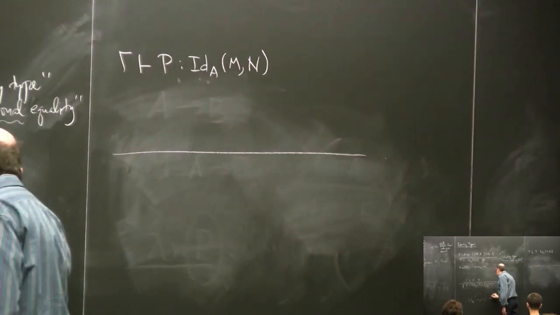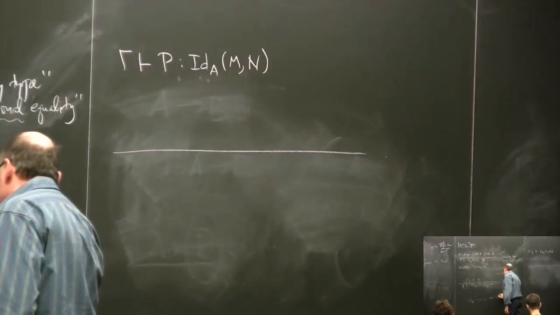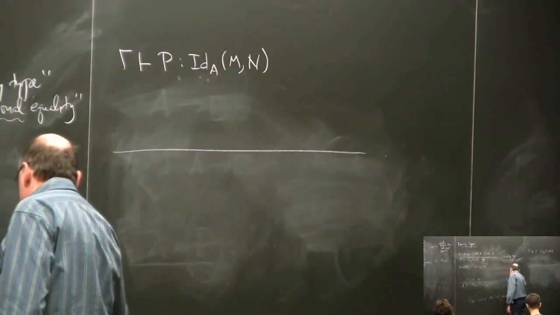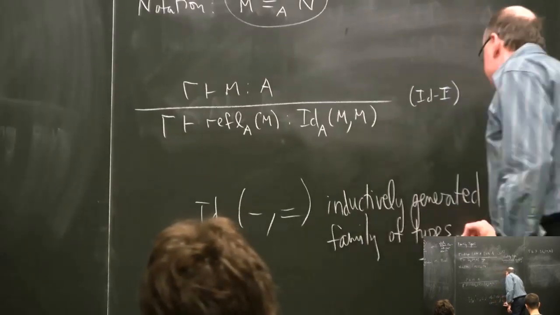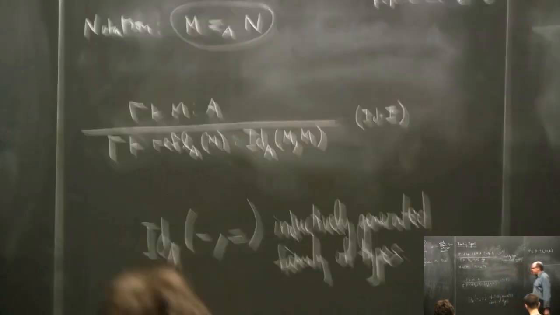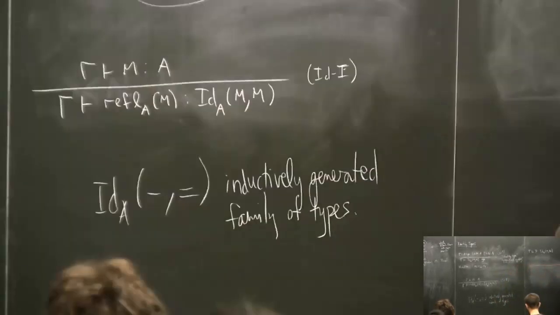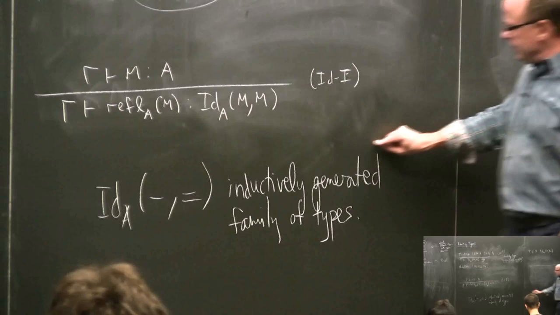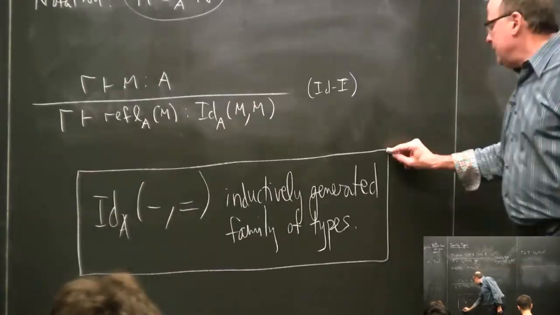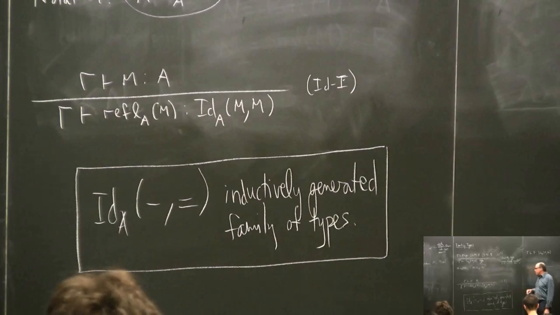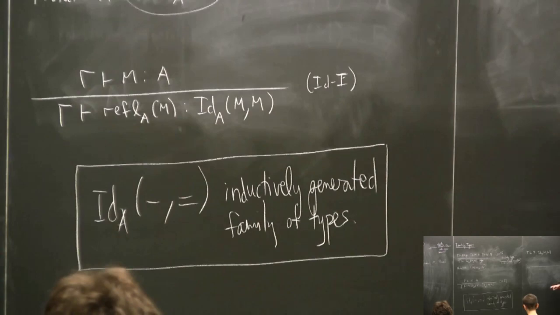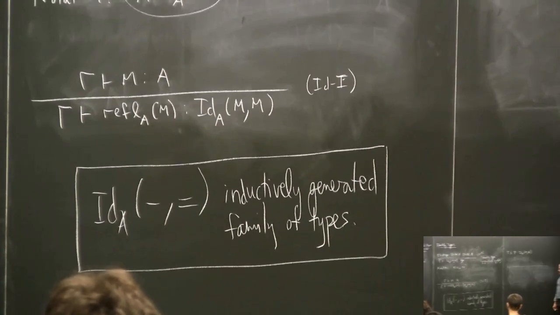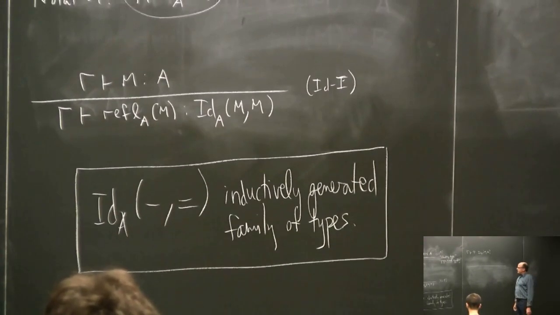So I want to think of this as an inductively generated family, indexed by two elements of A, which I won't write on the board. And in fact, I'm going to maintain that idea all the way through, even though I'm going to do things that look incompatible with that. So this is where the tricky things are coming up. Okay, so let's do this. We're going to think of it as being inductively generated.